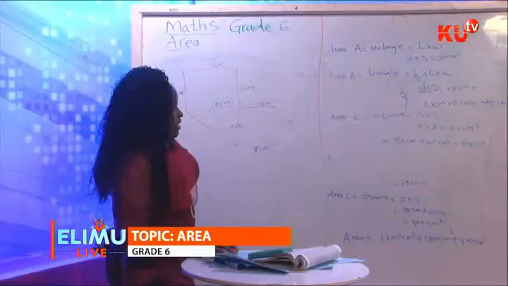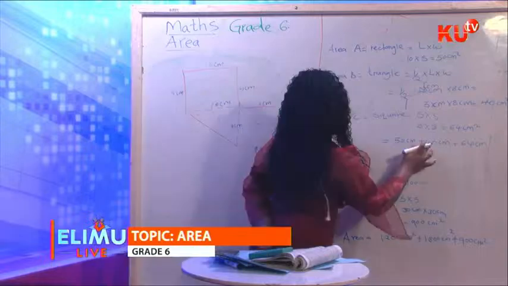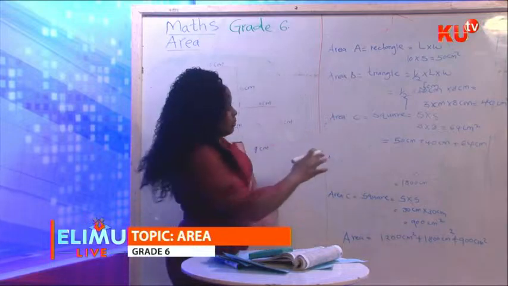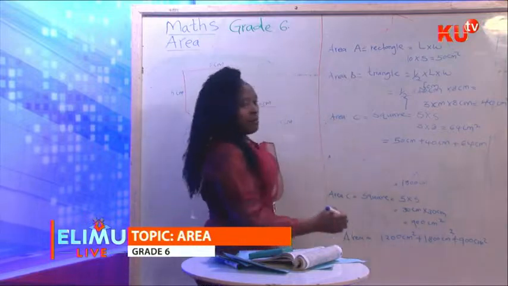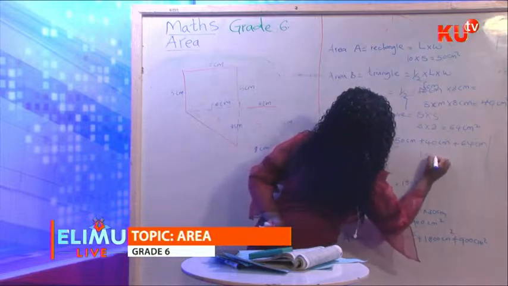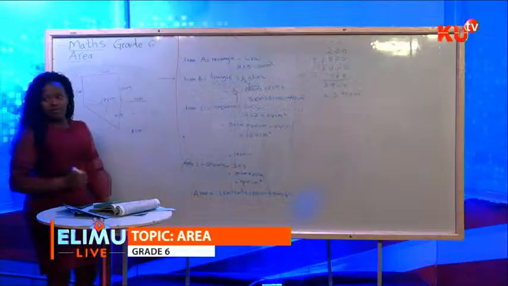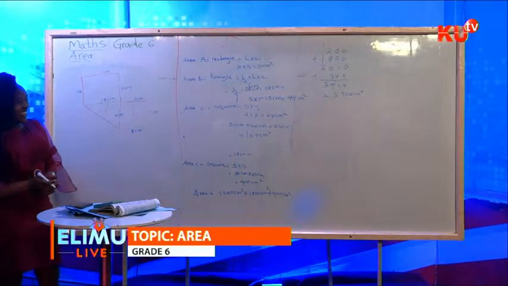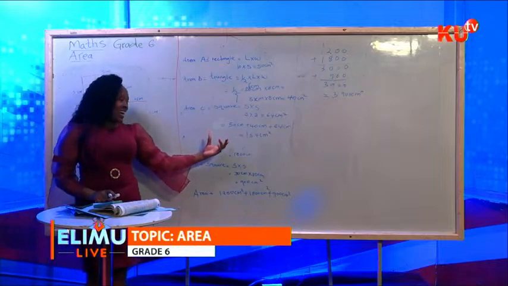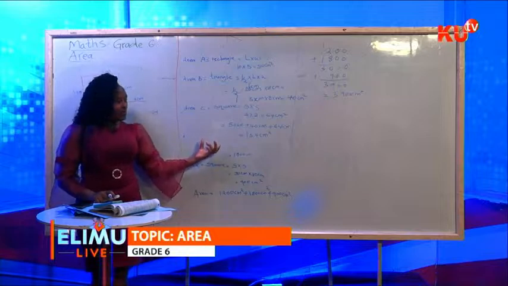We can add together. What is 50 plus 40, learners? It is equal to 90. What is 90 plus 64, learners? It will be 154 centimeter squared. Are we together? Yes. So that is how we are supposed to work out the area of that diagram.